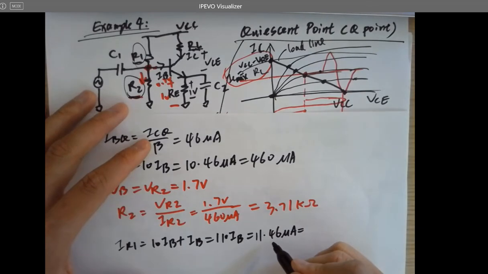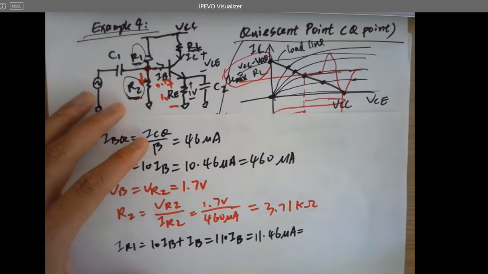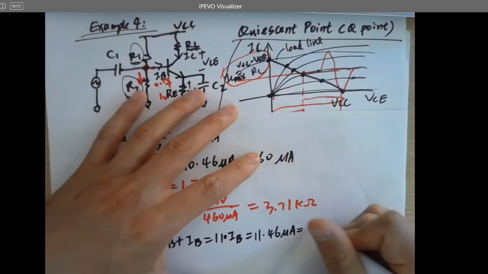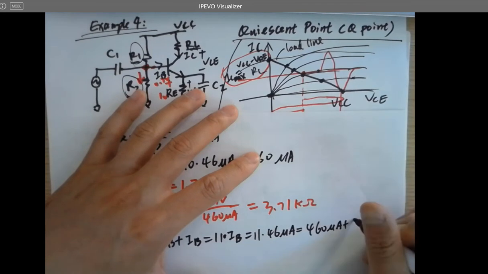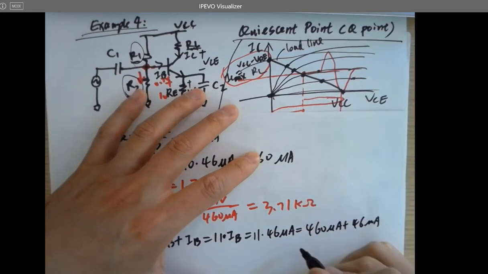It's pretty easy. 11 times IB. So it's going to be 506 microamps.